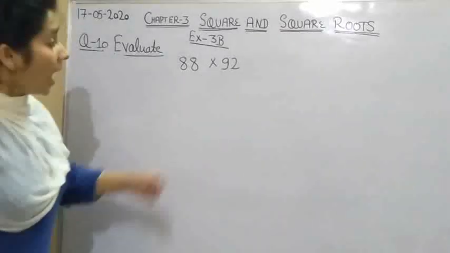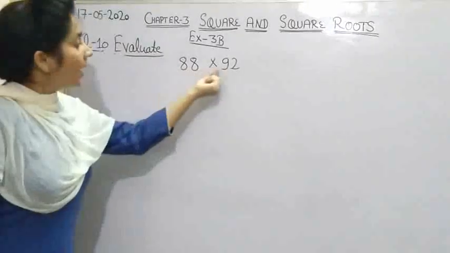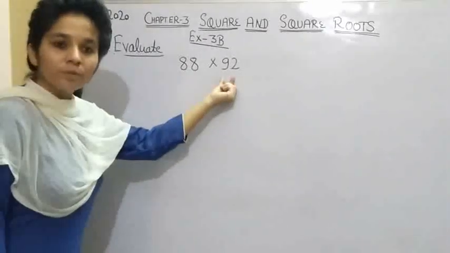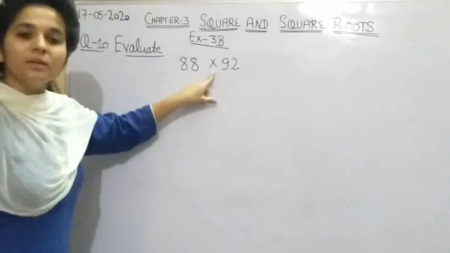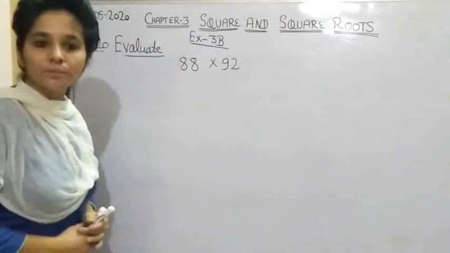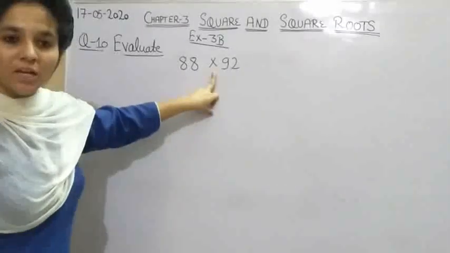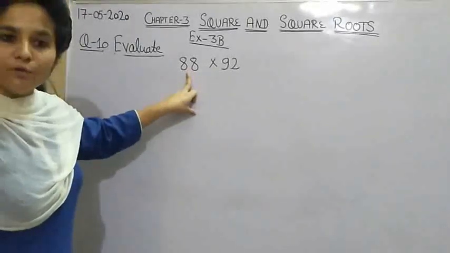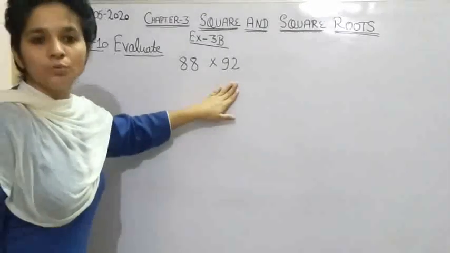92. Again we have two numbers, 88 and 92, with the fundamental operation of multiplication. Without taking multiplication, we have to solve 88 multiply 92.